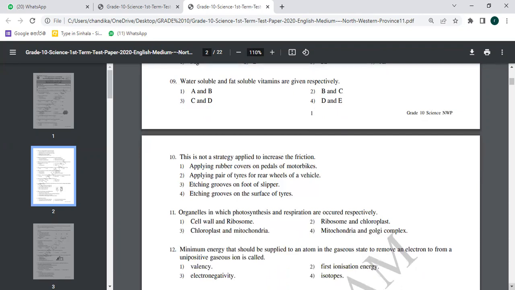Question number 9. Water soluble and fat soluble vitamins are given respectively. B and C? C and D? What is the answer? I'll show you now which are the water soluble ones.